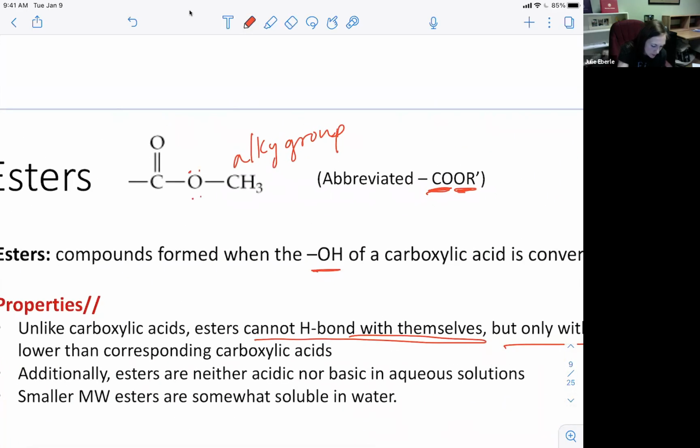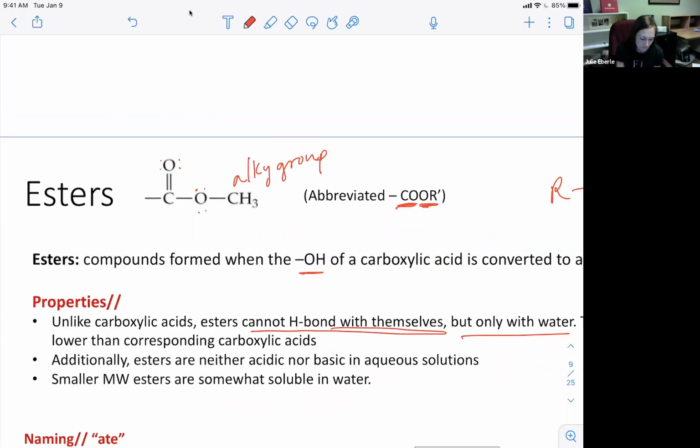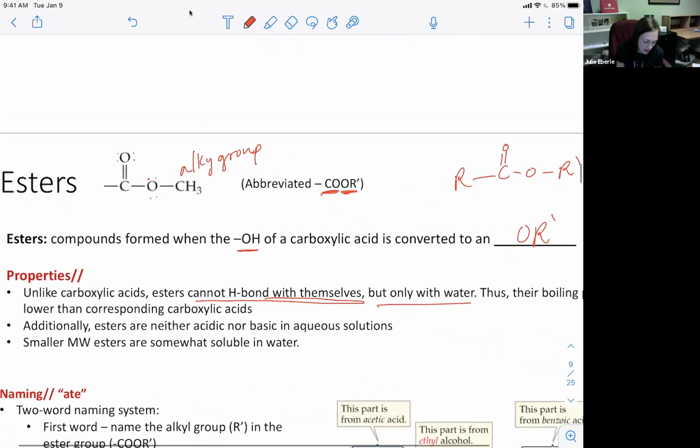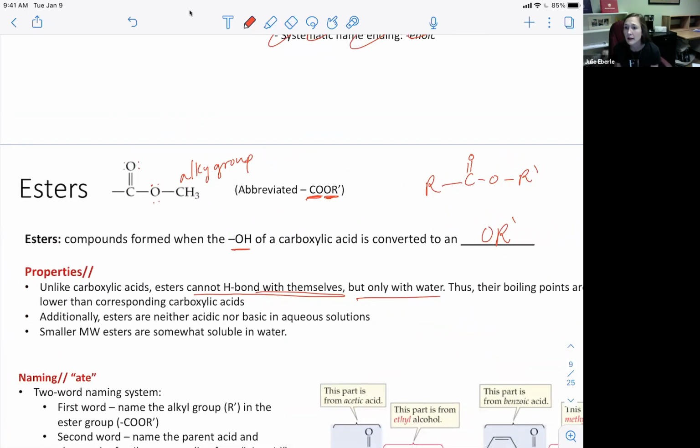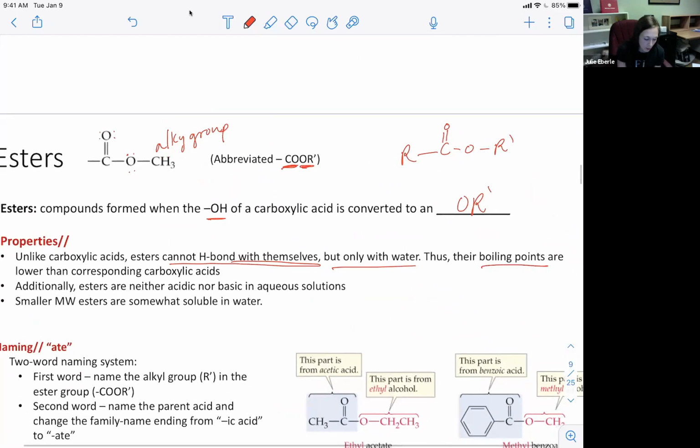All these acceptors, no donor. So that is why they cannot hydrogen bond with themselves. They can only hydrogen bond with water. Okay. So because of that, if you're comparing esters to carboxylic acids, the boiling points for esters are going to be lower than carboxylic acids.